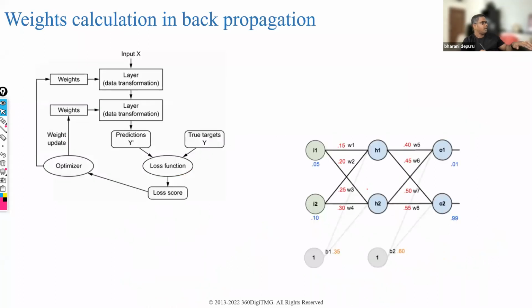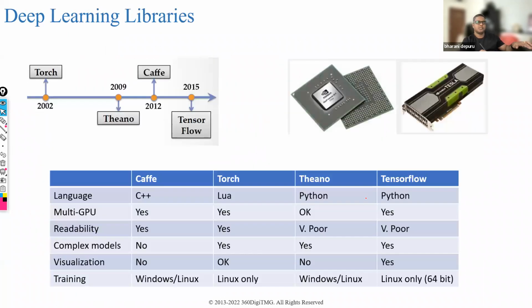Okay. Now, a few things are there. Let's quickly talk. The world started off with Torch, then Theano came in, then Caffe, then TensorFlow. Before TensorFlow, Keras came in. Now we have PyTorch. A lot of deep learning libraries support graphical processing units and also tensor processing units.